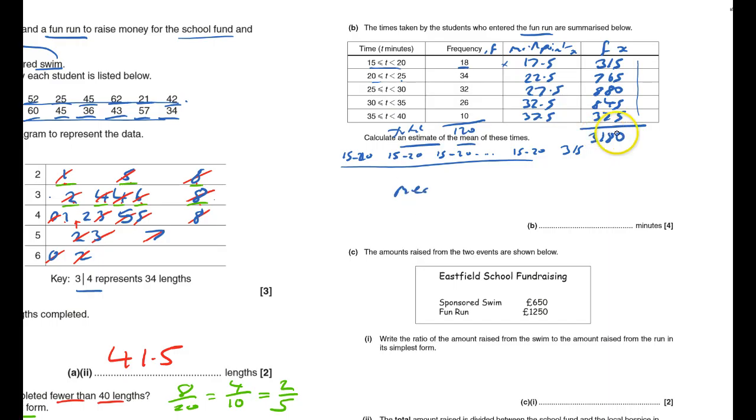And so my mean, as usual, is the total divided by how many. The total is 3180, how many there are is 120, and that gives me 26.5. Just want to check that it does seem reasonable. 26.5 is just into this group here, and that seems about right.